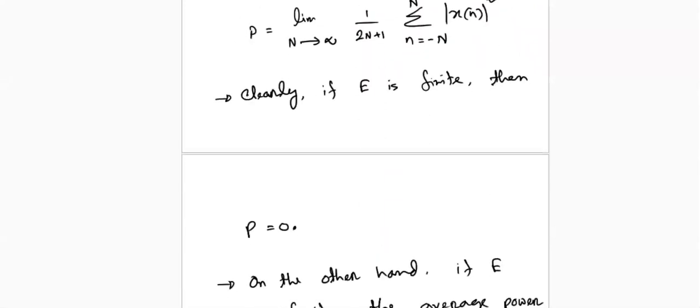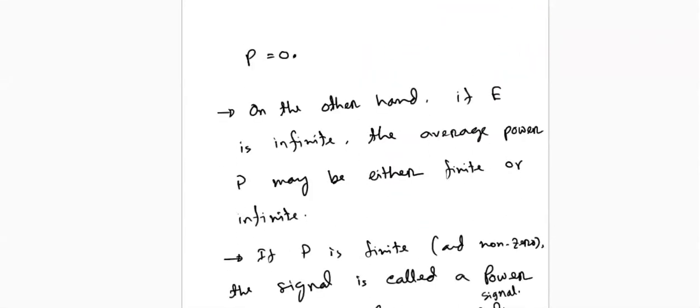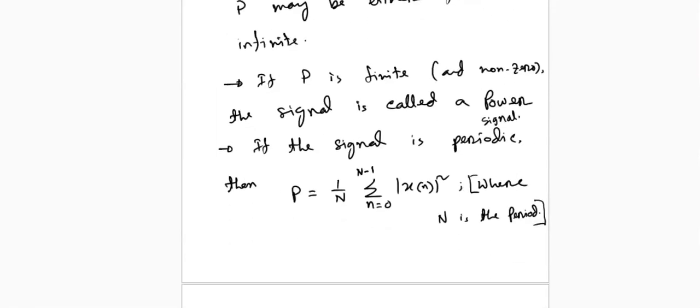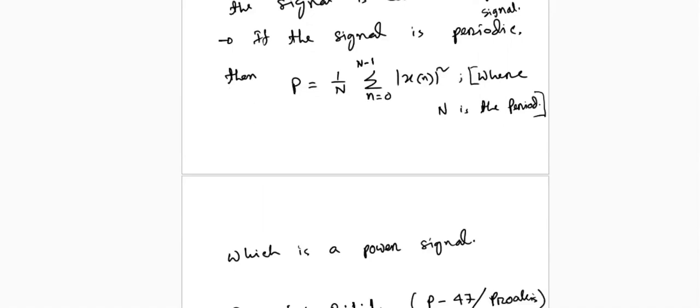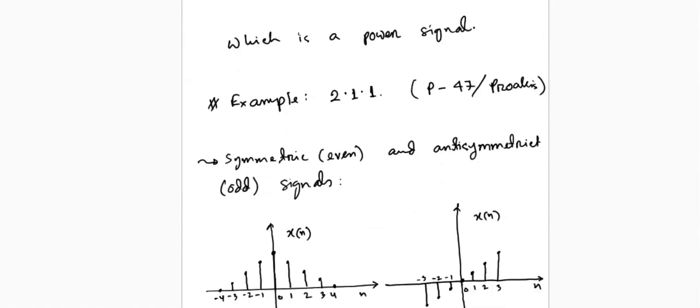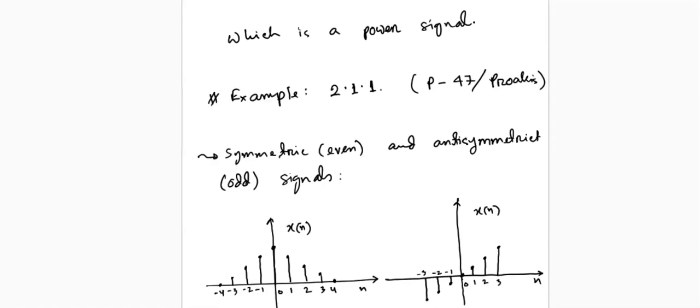And that has been mentioned in the subsequent section. I have discussed it already. So please go through this example from the Proakis book. You will get some examples on power signals and energy signals that will make your idea more clear.